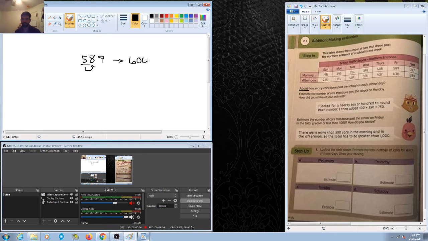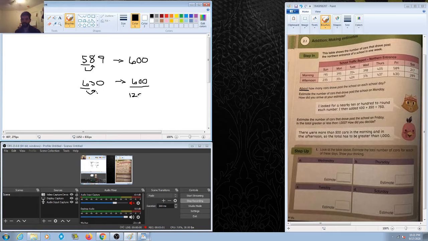And then if we were to round 630 to the nearest hundred, we look at the place value in question and then go to the right. This is going to be 4 or less, so that's going to round down to the nearest hundred. So that's also going to round to 600. So when we take an estimate here to the nearest 100, we're going to get 1200.